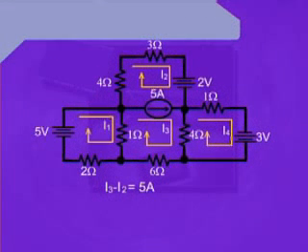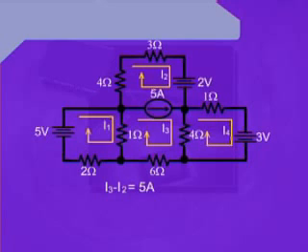Now, assigning the voltage drop Vx across the 5 ampere current source, we are actually adding another unknown variable, which will become the 5th variable for this circuit, whereas we have only 4 loops. Therefore, writing 4 equations and finding 5 unknown variables is impossible from the mathematical point of view.